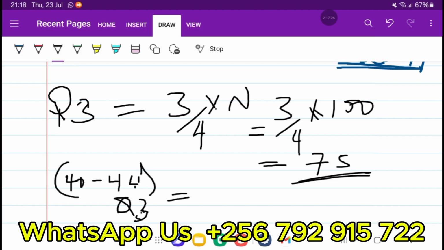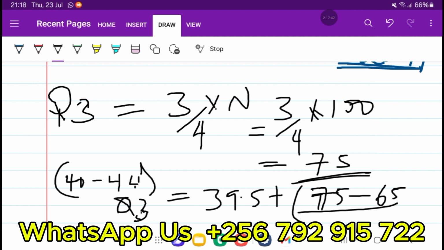The lower class boundary, you can see it is 39.5, plus 75 minus the cumulative frequency before, which is 65, over the frequency of that upper quartile class, which is 15, times 5.